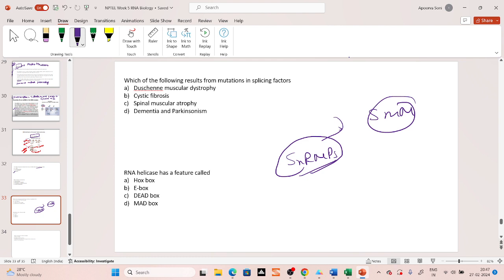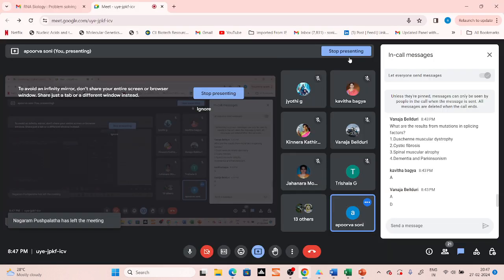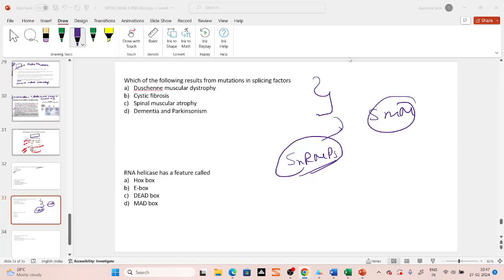So by this, can you connect it and tell me the answer? Think. Giving you 2 minutes for this question. Think what can be the answer.